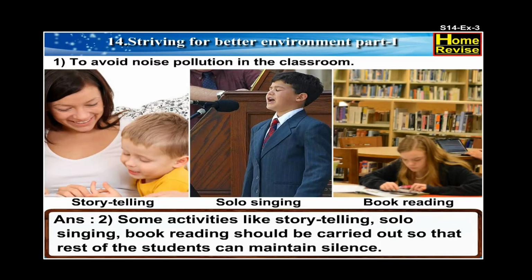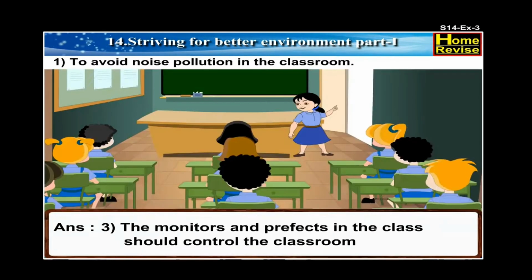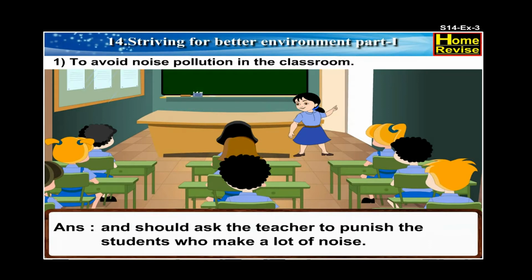Some activities like storytelling, solo singing, book reading should be carried out so that the rest of the students can maintain silence. 3. The monitors and prefects in the class should control the classroom and should ask the teacher to punish the students who make a lot of noise.